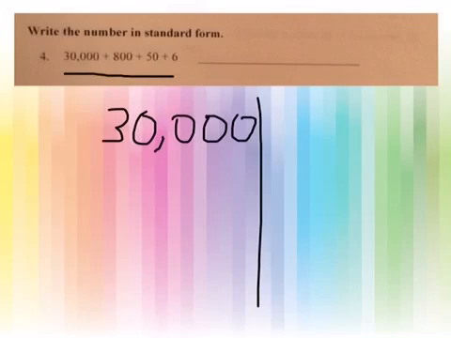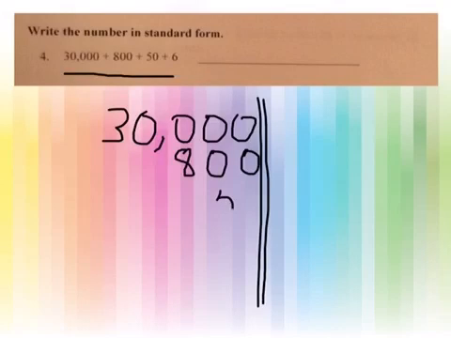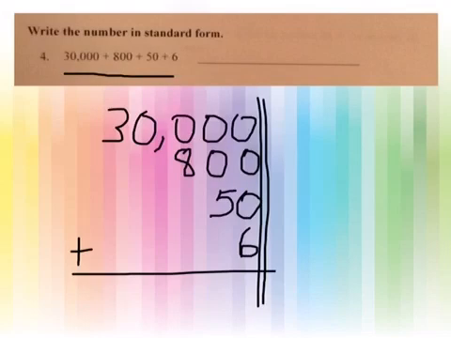So now that I'm going to write 800, I'm going to make sure that my zeros all line up along this same line. And same with the 50, line it up right along that line, and the 6. And now I have a quite simple addition problem. 0 plus 0 plus 0 plus 6 equals 6. 0 plus 0 plus 5 equals 5. 0 plus 8 equals 8.